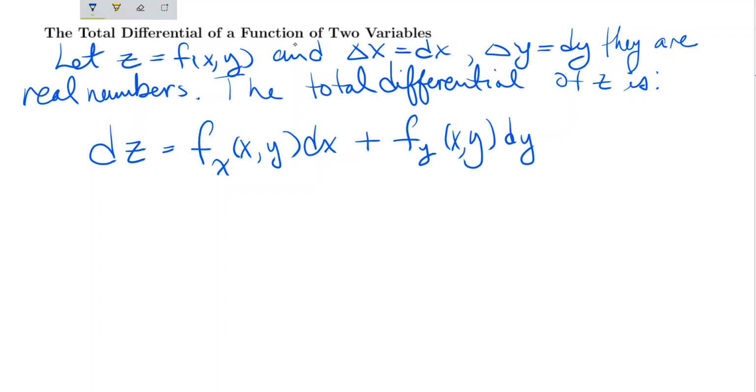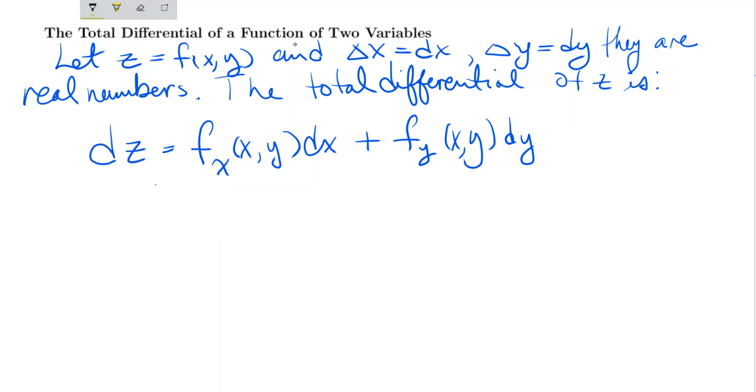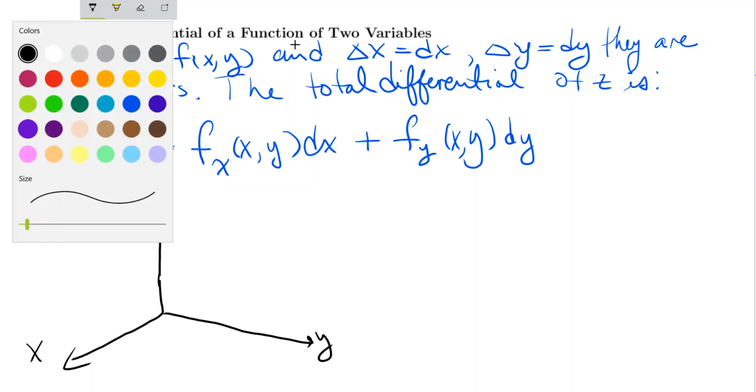So if you think about this in the 3D sense, what this looks like is, and I'm going to draw this, and I'm not entirely confident that will make sense, but we'll give it a try. So remember, we have our z, x, y, and I'm going to draw just a simple shape in this.